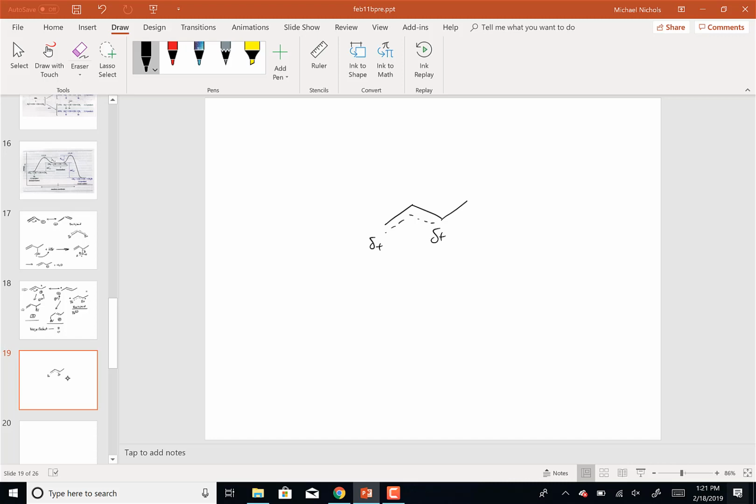And here's what we're going to have to translate secondary and primary carbocation stability into: the fact that when the bromine reacts with the secondary carbocation, it's going to have a lower activation energy than when it reacts with the primary carbocation. So in other words, when a bromine adds to the primary position, it's going to have a higher activation energy than when it reacts at the secondary position in this resonance hybrid. Okay.